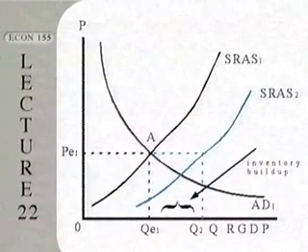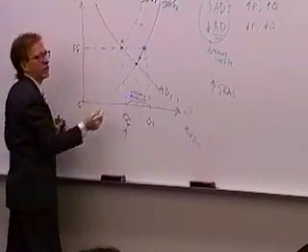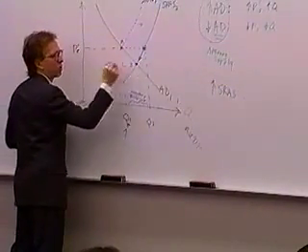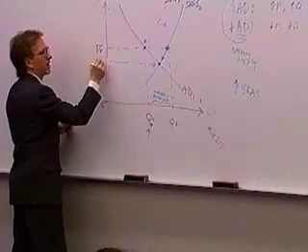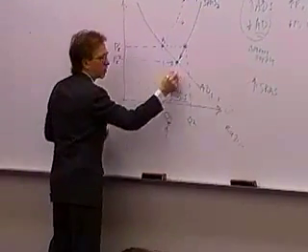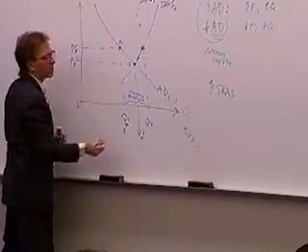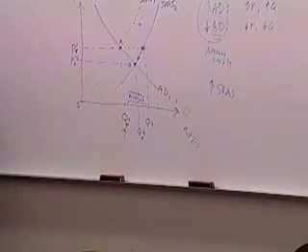Inventories build up, that's a good time to cut back on production and lower price. And if you cut back on production and lower price, then we start scooting down toward that new equilibrium at point B. And so there at point B we have PE2, QE2, and that's a new equilibrium point.